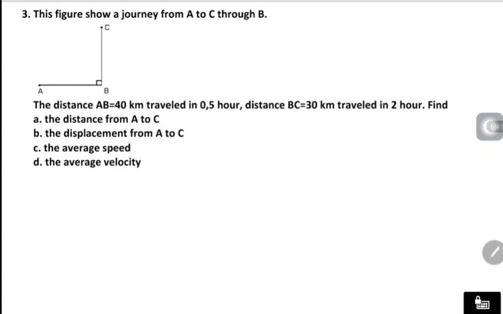Okay, first we calculate the distance from A to C. The distance can be found by adding all of the journey in positive value, so that the distance AC is AB plus BC.